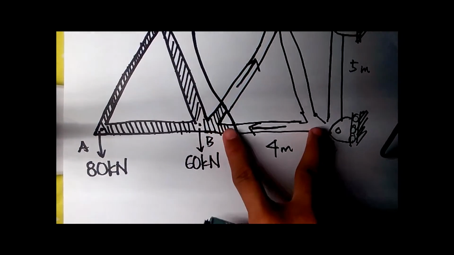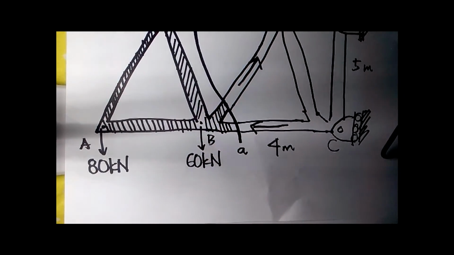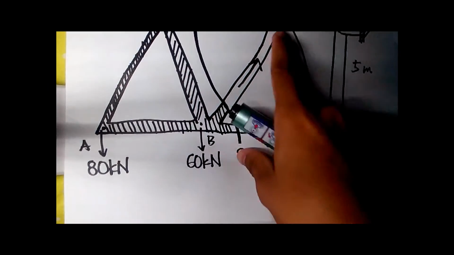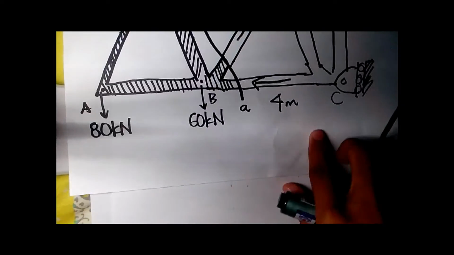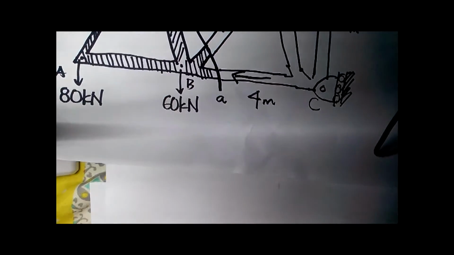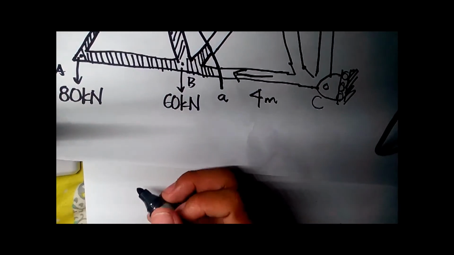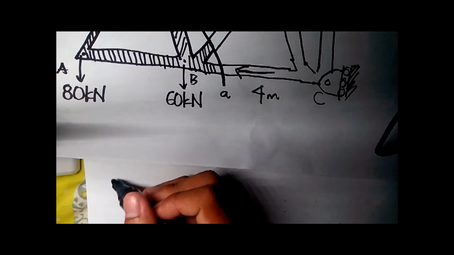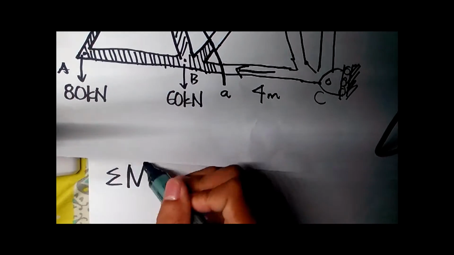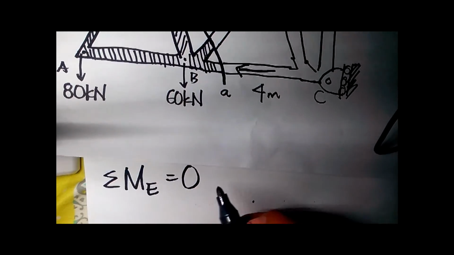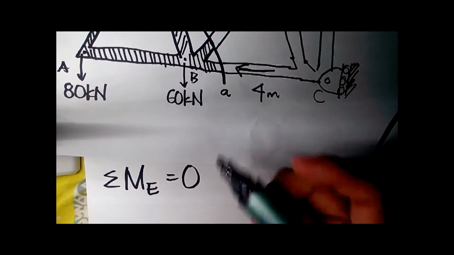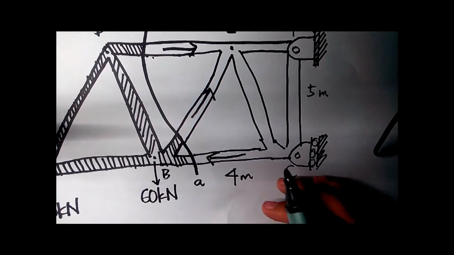To get the force in BC, we need to find the moment in E. The summation of moment in E, since it is equilibrium, is equal to 0. So here it is.